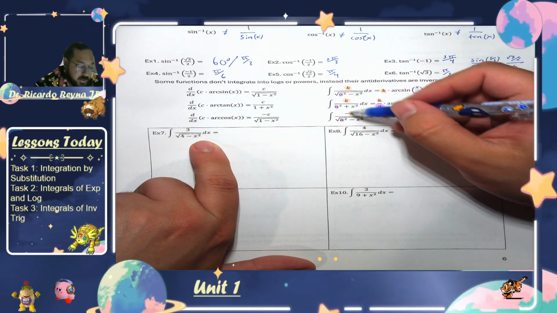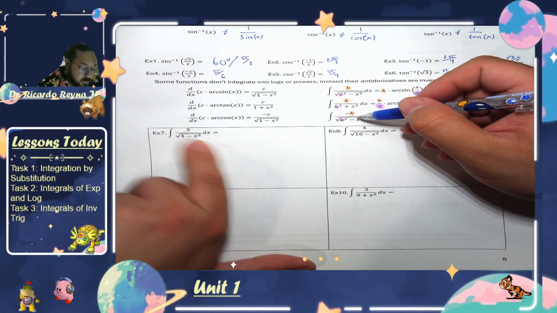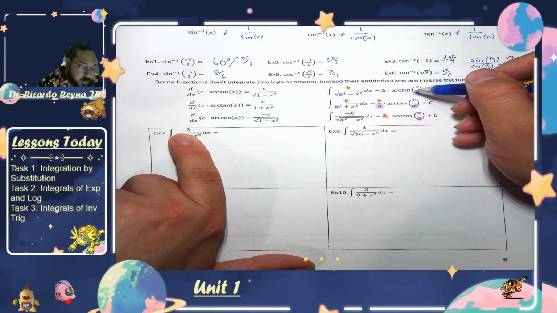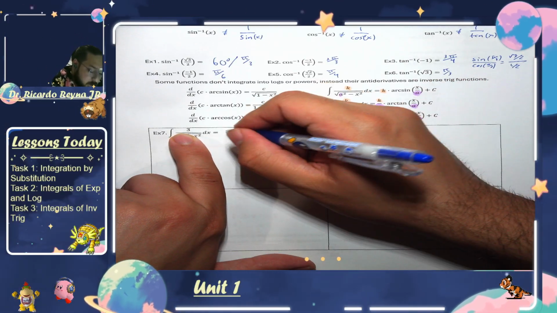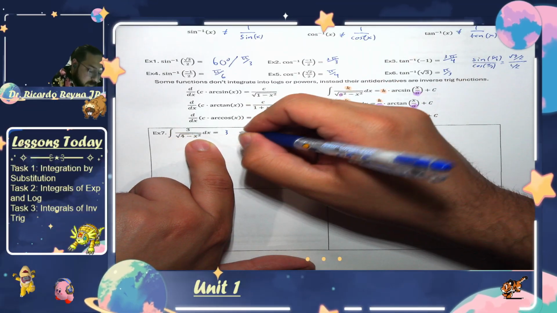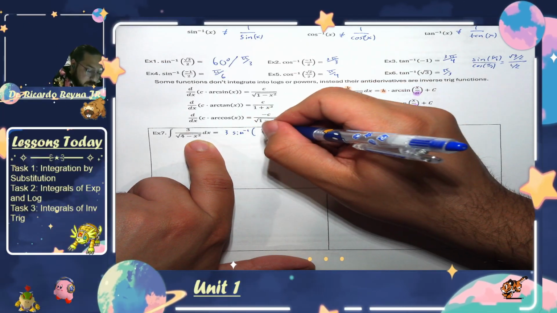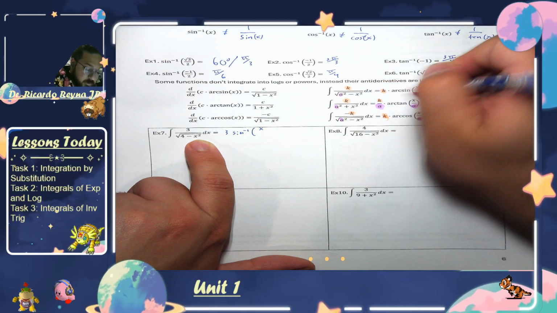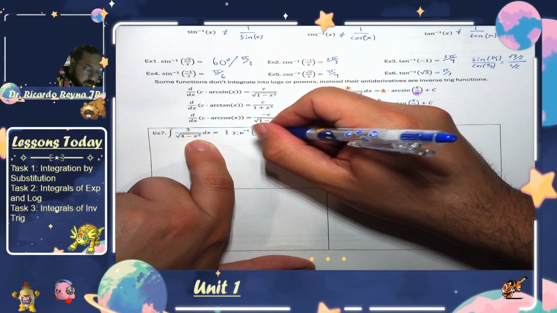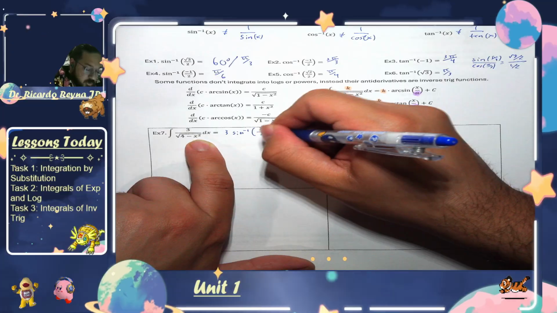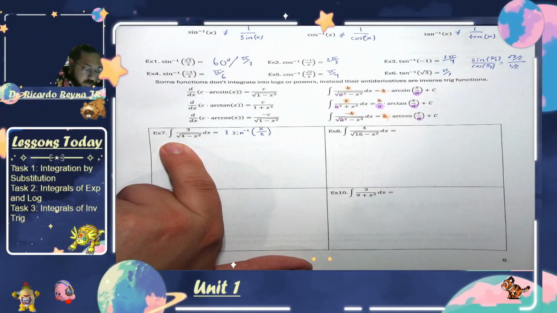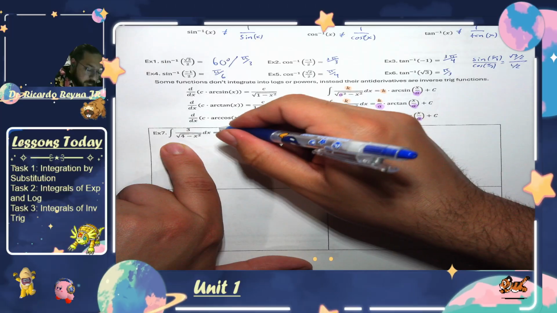What's the difference between these? The usage of the negative. There is no negative here, so we're using this guy. So this is just going to be 3 times arc sine or sine inverse of x over what this was. Well, this is squared, so you would say 2. And then plus c.